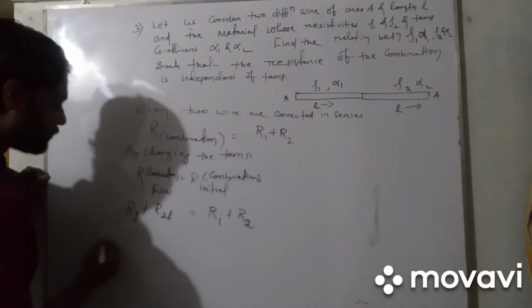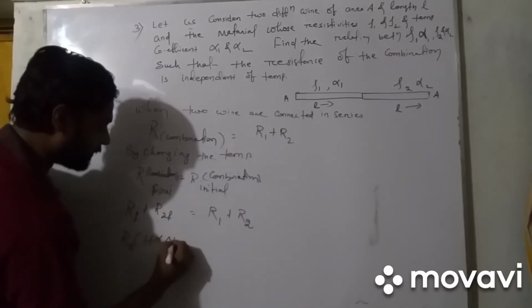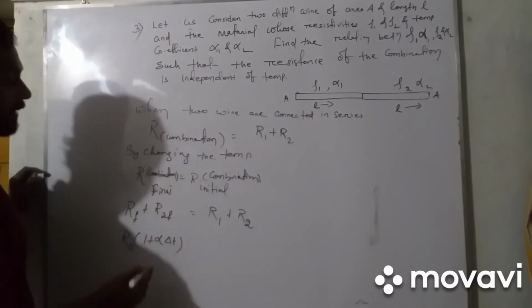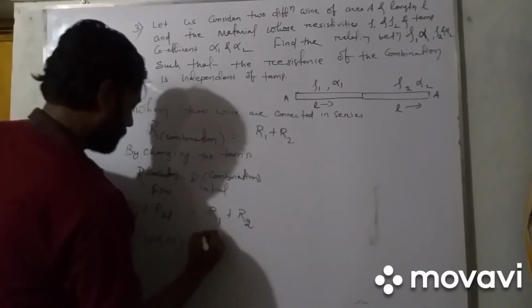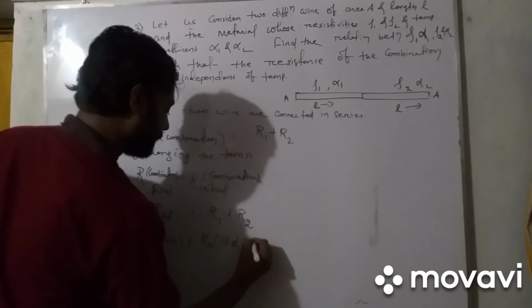So RF means R0 into 1 plus alpha delta, that is the final resistance of the given wire, plus similarly R0 into 1 plus alpha delta.